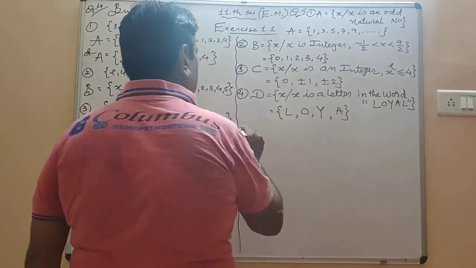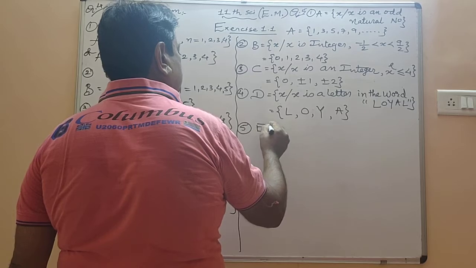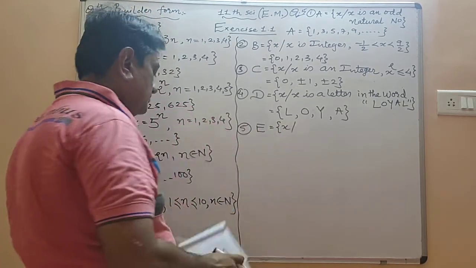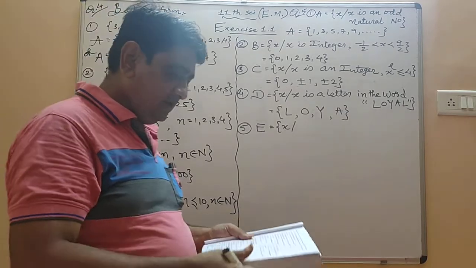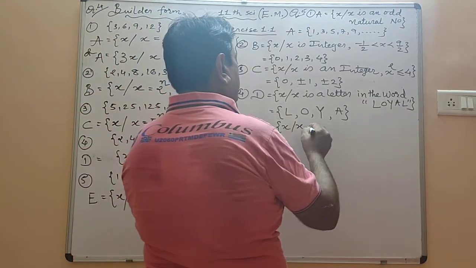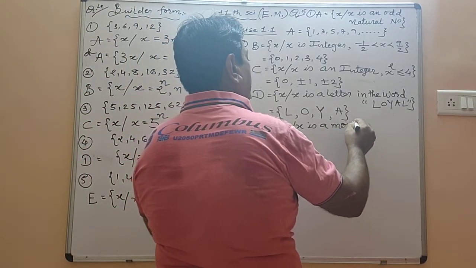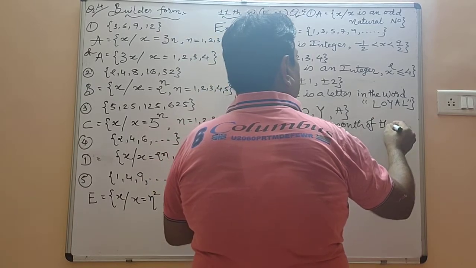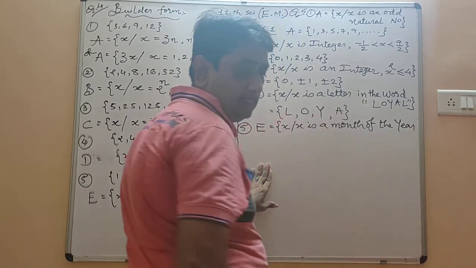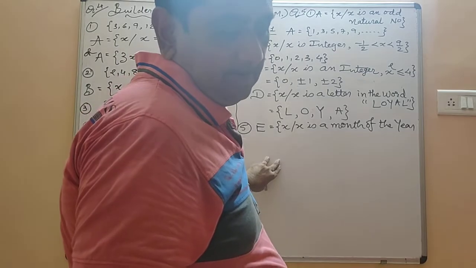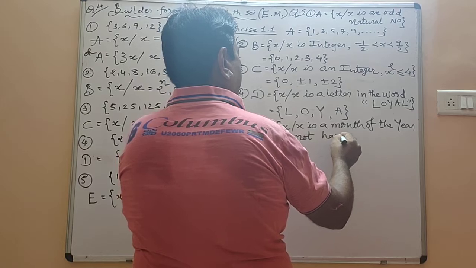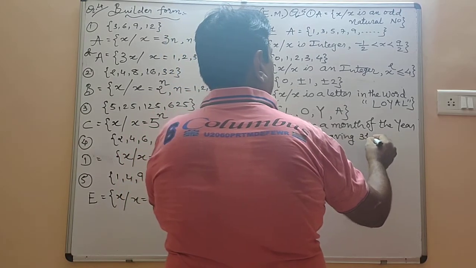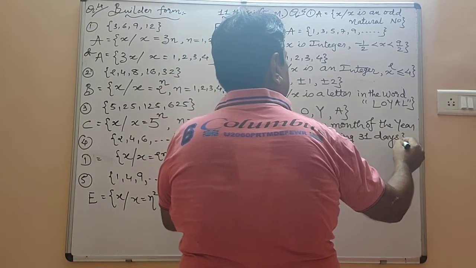Then question number 5. E is equal to x such that x is a month of the year not having 31 days.